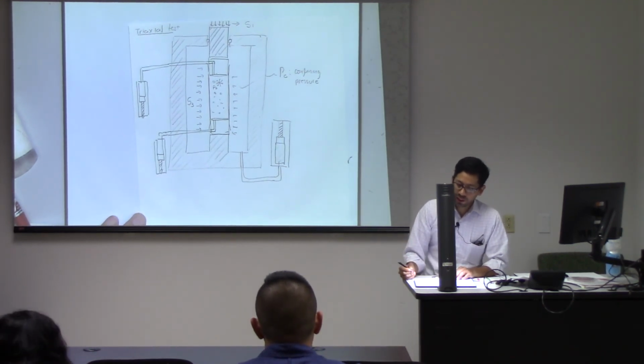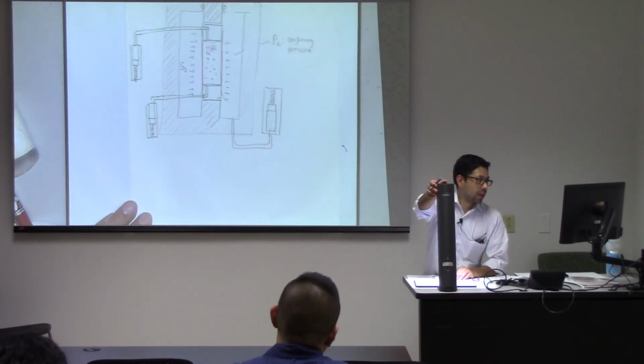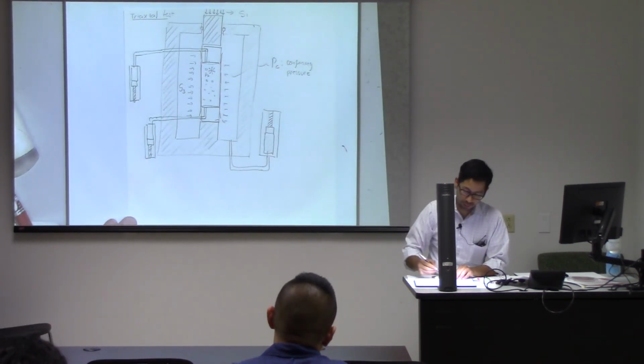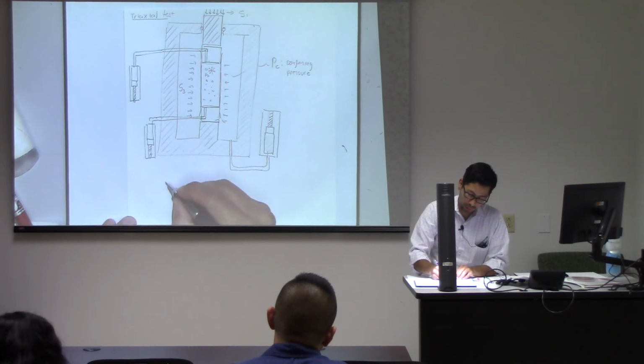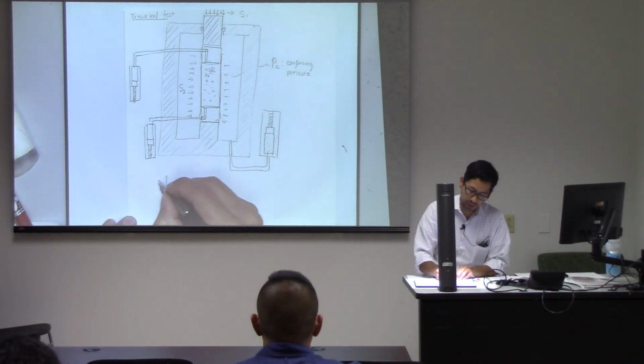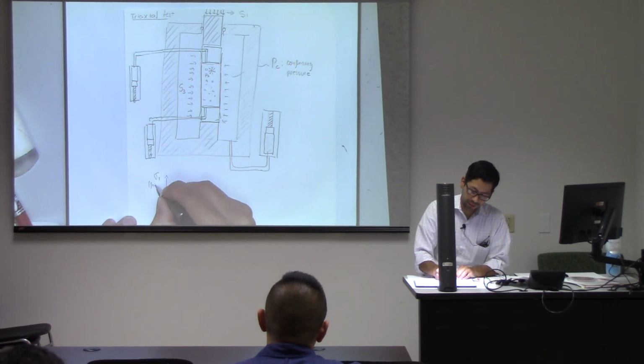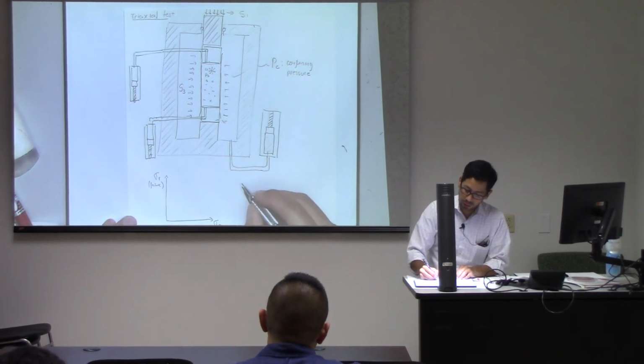what is going to be the effective stress in this case? Remember that we always analyze shear failure from the point of view of effective stresses. So if this is the minimum principal stress and this is the maximum principal stress at failure, what is going to be sigma 1?